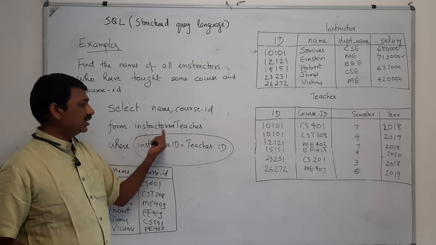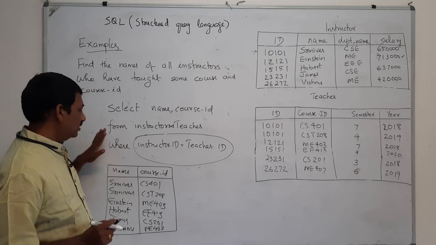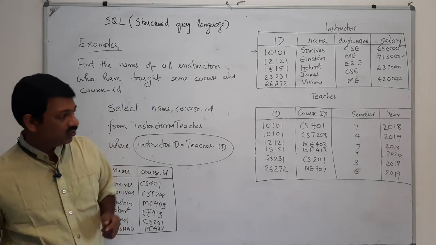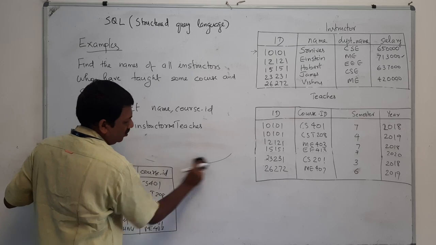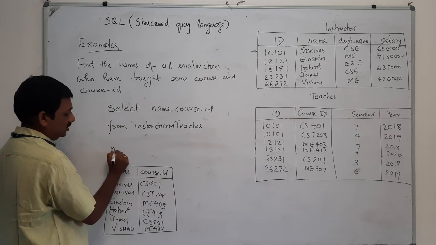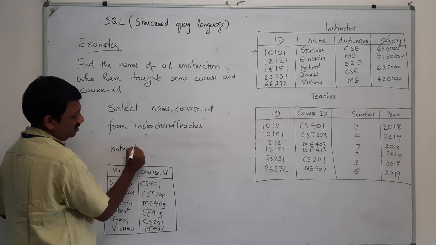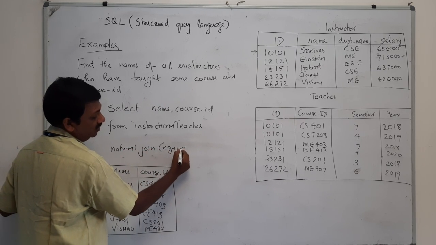When you are taking the natural join, definitely there is no need to have this. Why? This is called natural join, or within brackets equijoin.